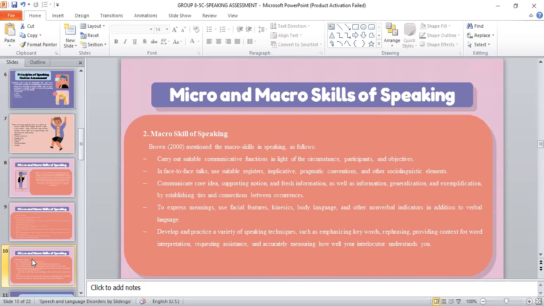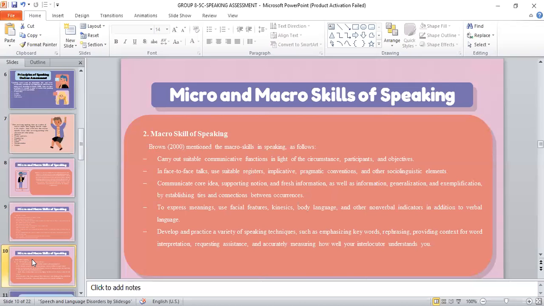Next, to communicate core ideas, supporting notions, new information, as well as generalization of information and exemplifications, by establishing ties and connections between events. Next is to express meanings, in other words, using facial expressions, gestures, kinesics, which is body language, and other nonverbal indicators in addition to verbal language.